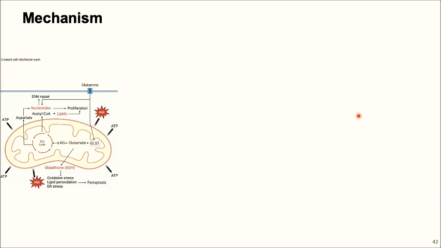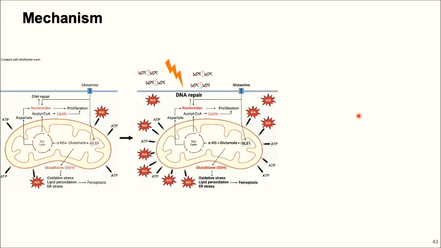Then you expose these cells to radiation. While radiation is causing DNA damage, the cells are trying to cope with it by repairing, so the cells will have an accelerated metabolism, which in turn will also generate more reactive oxygen species.